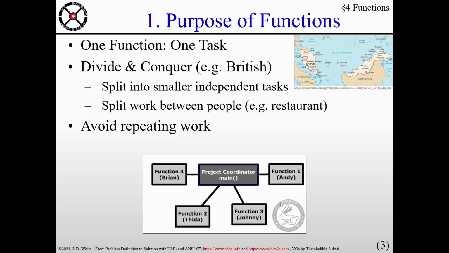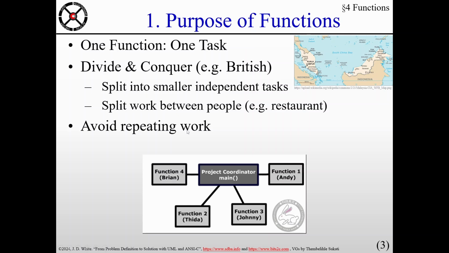Anybody who's writing a function doesn't care what, so Andy does not care what Johnny's doing. Andy does not care or know what Theta's doing. Andy does not care or know what Brian's doing. Okay? This allows each person to concentrate in one area.